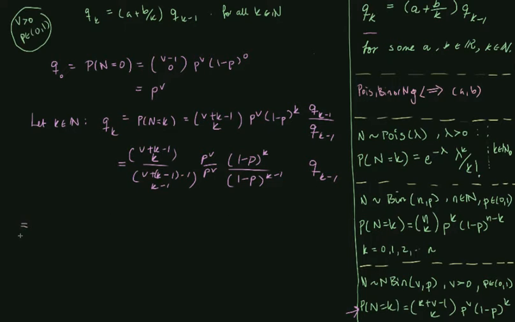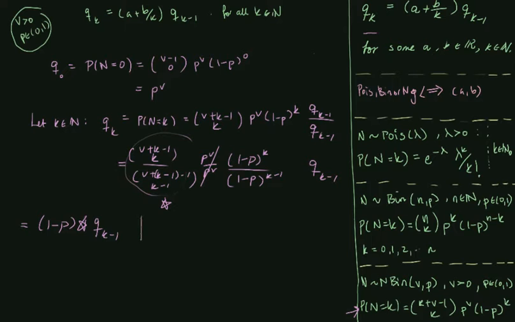So what I've done is just to plug in the value of qk minus 1 in the denominator. The p to the v and p to the v cancel each other out. And then I just have 1 minus p multiplied by this thing here, which seems pretty extensive. So let's just call this star, and then multiplied by qk minus 1.